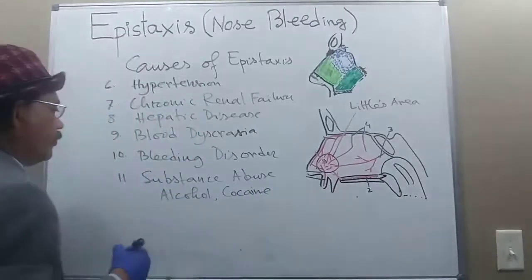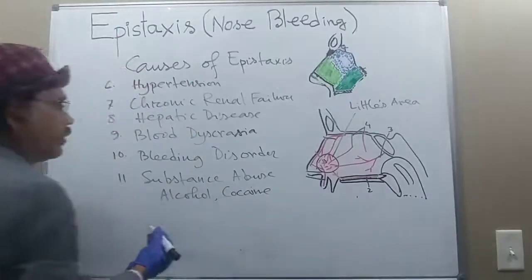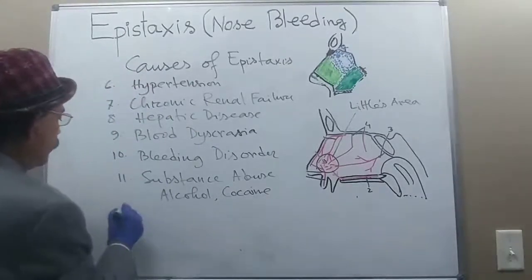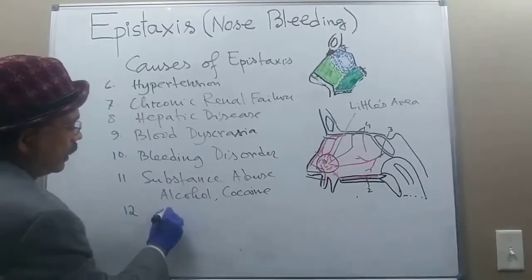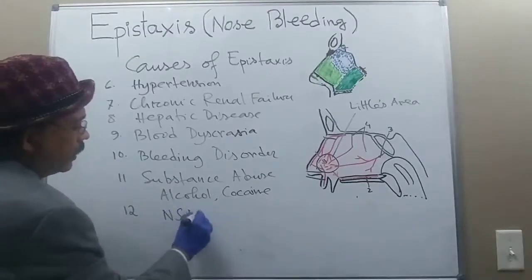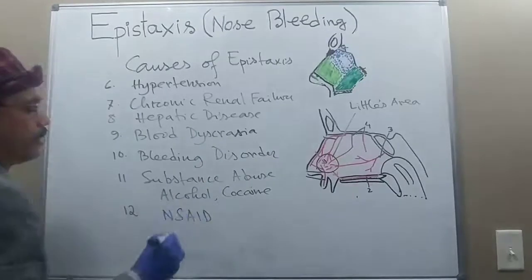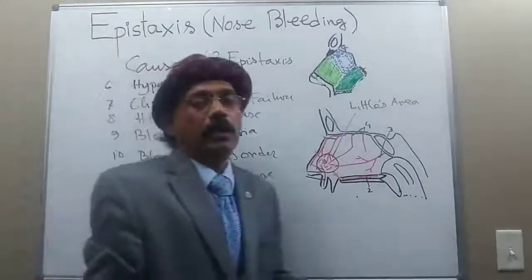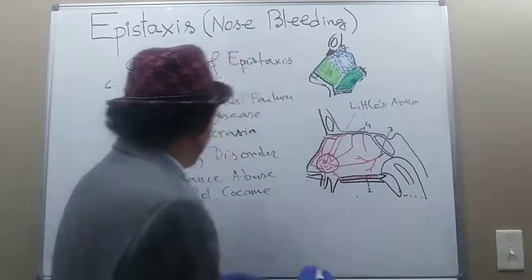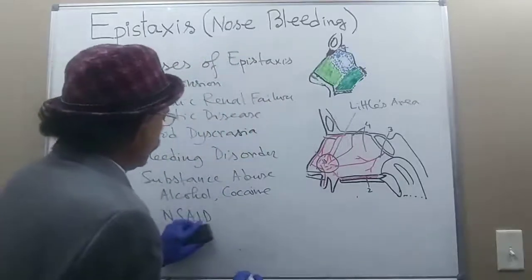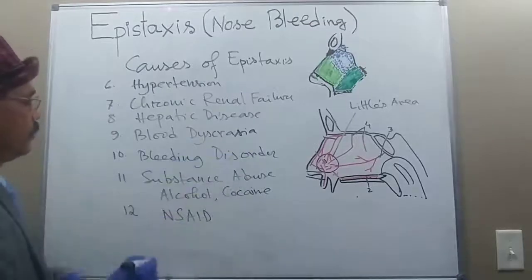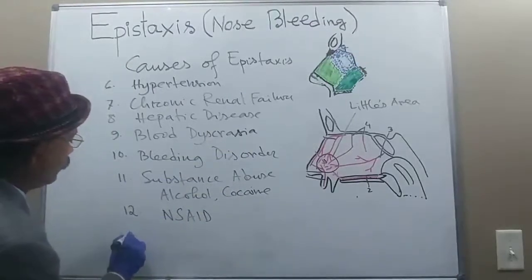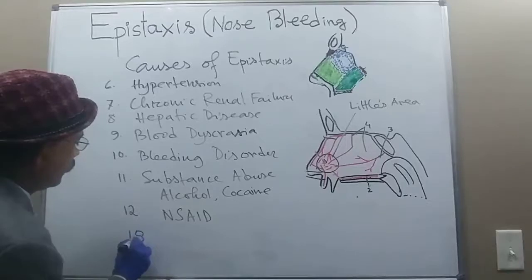Okay, so substance abuse like alcohol, cocaine, or anything else. It may be due to some medication like NSAIDs, like ibuprofen, maybe aspirin. That may lead to epistaxis or bleeding, and it may be associated with pregnancy.